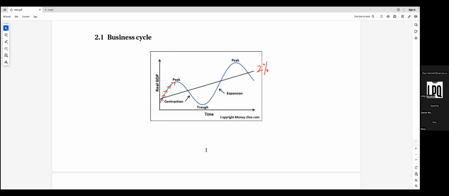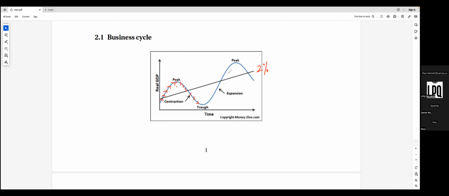What do I mean by expansion? Expansion means the GDP is increasing. After this peak, the peak just means the highest point, GDP begins to decrease. We call this time interval, when the GDP decreases, a recessionary time.